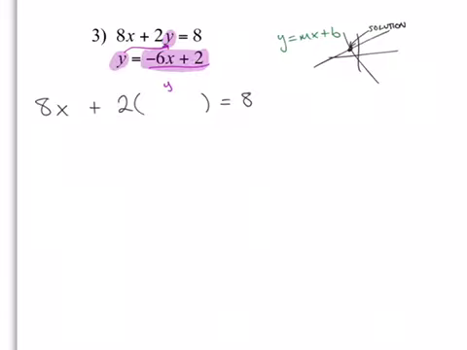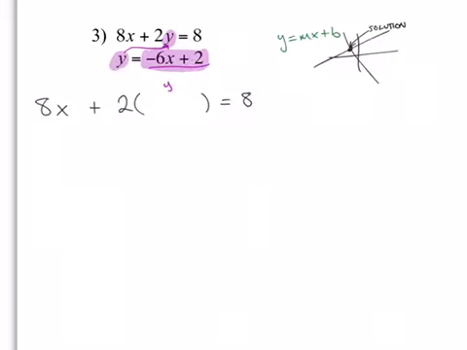So I've taken the top equation, 8x plus 2y equals 8, and I've taken the y value from the bottom equation, and I've substituted in that y value from the bottom equation to replace the variable y in the top equation. Now this is just a single variable equation that I can solve for x now, because there's no y left over here.